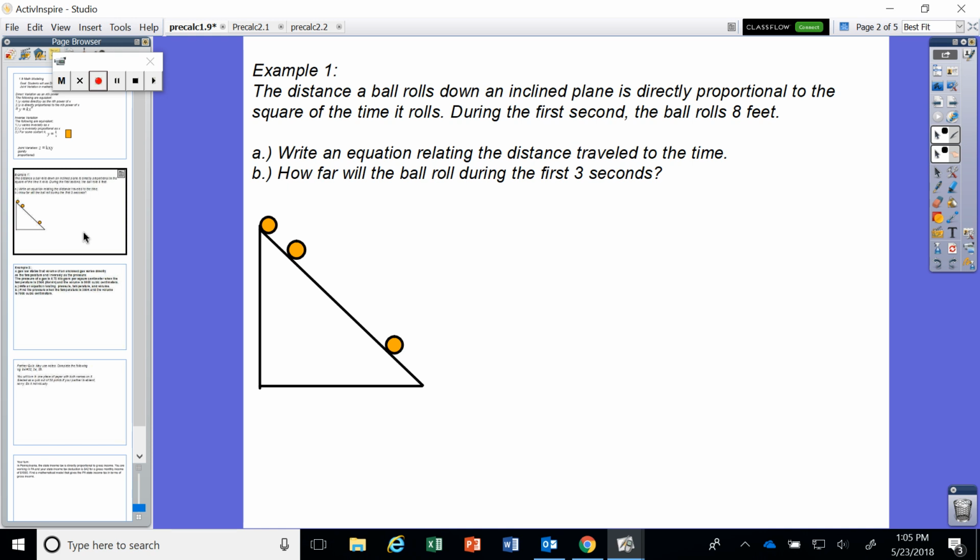The key phrase is that it's proportional to the square of the time that it rolls. During the first second, the ball rolls 8 feet. Our goals for this problem are to write an equation relating the distance traveled to the time, and in the end, to find how far the ball will roll during the first 3 seconds.